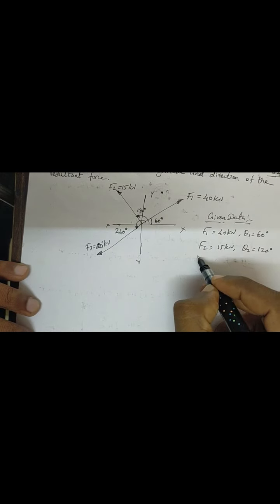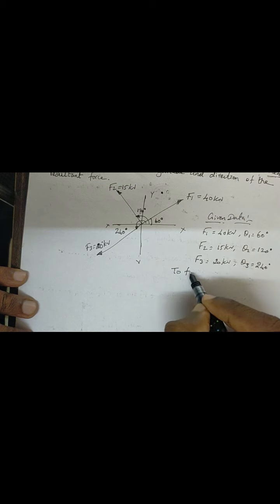F2 equal to 15 kilonewton, the corresponding angle equal to 120 degree. F3 equal to 20 kilonewton, corresponding angle theta 3 equal to 240 degree. What should we find from this problem? We should find the resultant force and the theta, the magnitude of this resultant force.